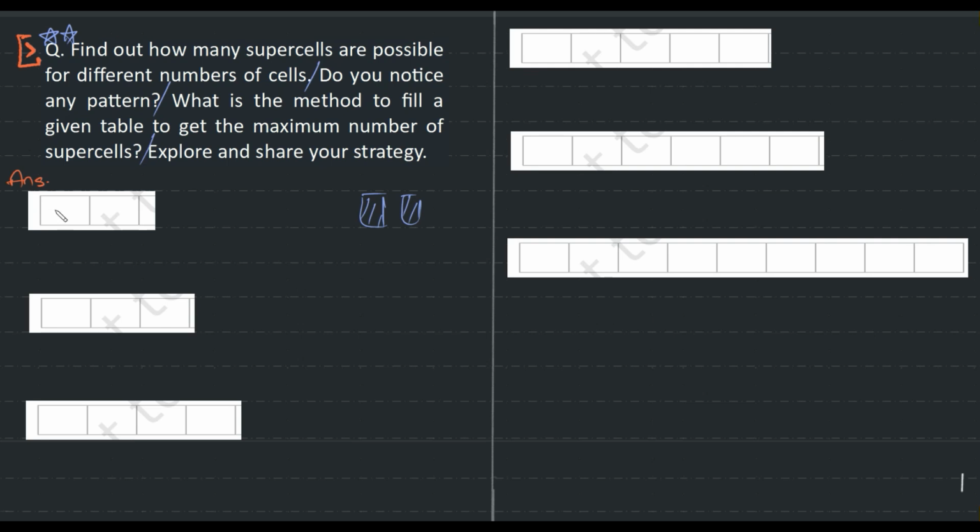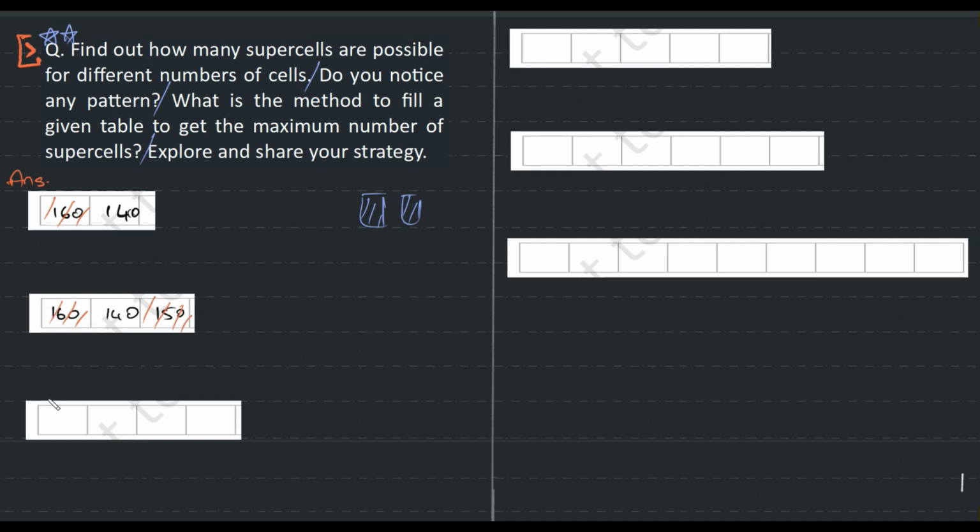Okay. So let me start off by making the left cell the supercell. So 160 and this is 140. And thus making 160 the supercell. Next, I'll continue the similar set of numbers. I'm going to make the right cell a supercell, right?